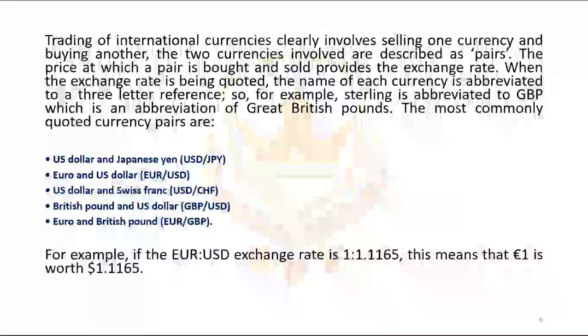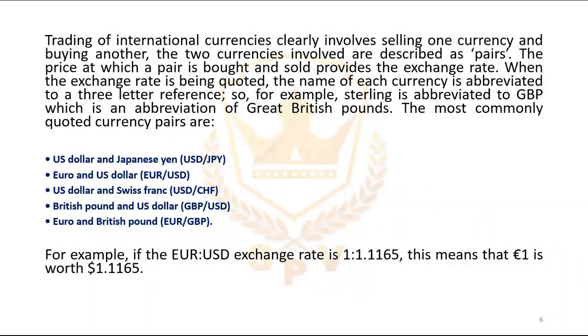When currencies are quoted like that as currency pairs, the first currency is usually called the base currency. So in the case of USD JPY, the USD is the base currency, and the second one, the JPY, is the counter or the quote currency. The base currency is always equal to 1 unit of that currency.